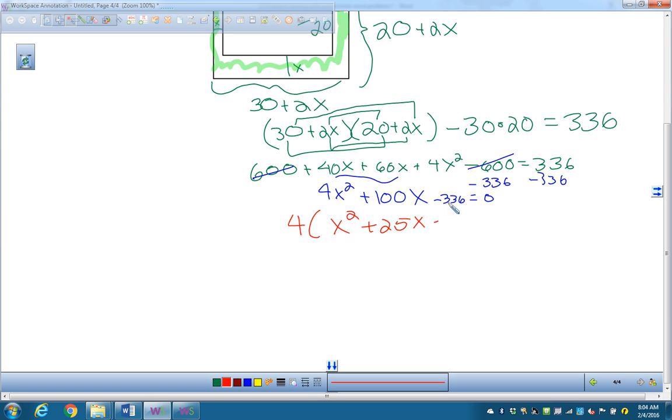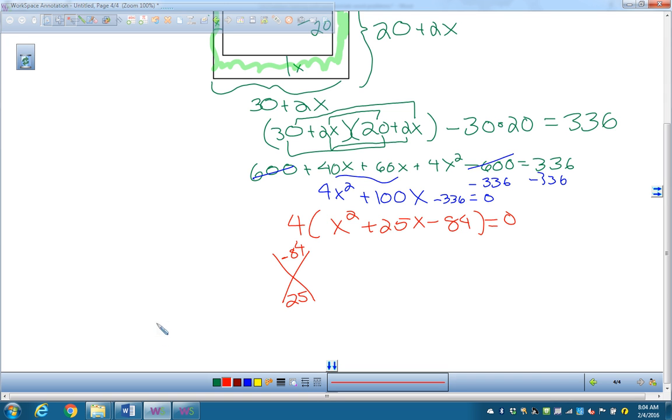How many times does 4 go into 336? 84 equals 0. So again, you get one of these factoring problems. Two numbers that multiply to negative 84 and add to 25. I might have to do some guessing and checking there.